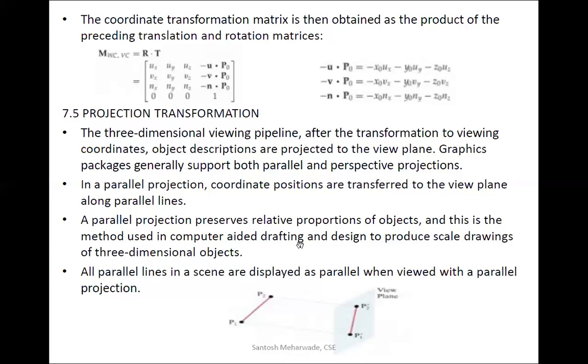It indicates that in parallel projections, relative proportionality is maintained for the object. Irrespective of the distance between the object and the viewer, the object size always remains the same. Whether the viewer comes near to the object or goes away from it, the object size will always be the same. Such projections we call parallel projections, and such viewing we call parallel viewing or orthographic viewing.